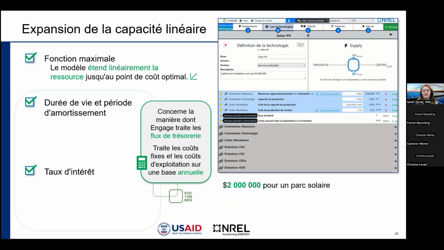If we had opted for this cost representation and configured the solar system as a capacity expansion technology, Engage would not necessarily make its decision to build the solar farm based solely on its total price tag, the $2 million. Instead, Engage would make the decision based on which technology would create the lowest cash flows for that year.